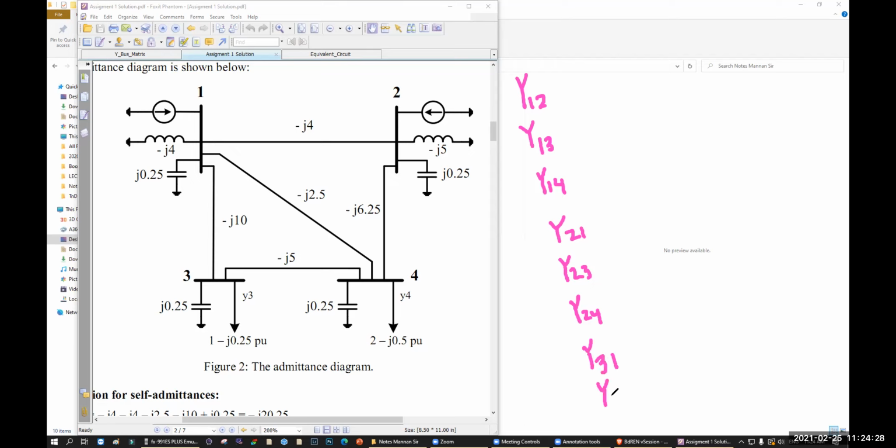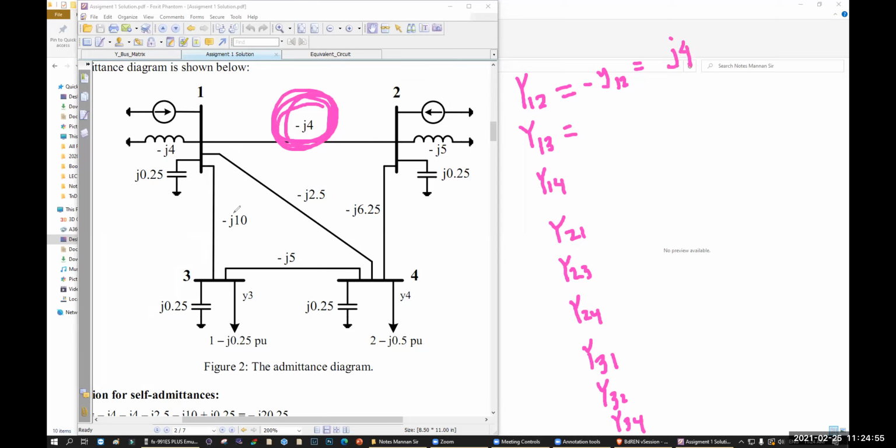3, 1, 3, 2, 3, 4. See, Y12 will be what? 3, 4. Minus small y12, right? 1, 2, this one is the y12. So since there is a minus, this minus will be plus. So J4.